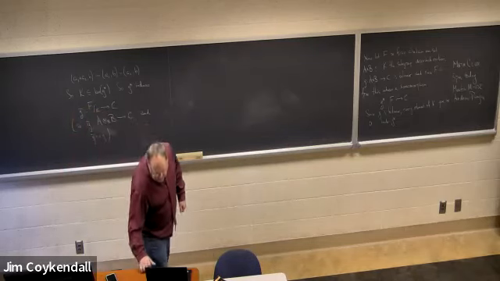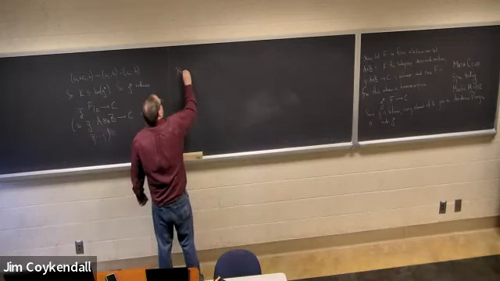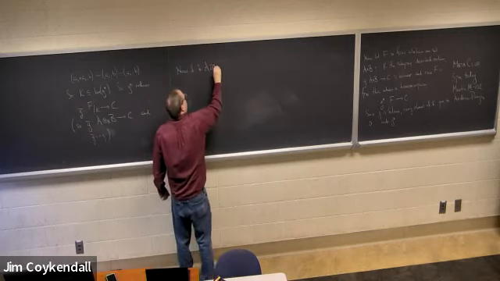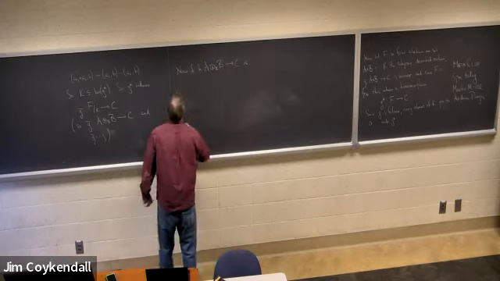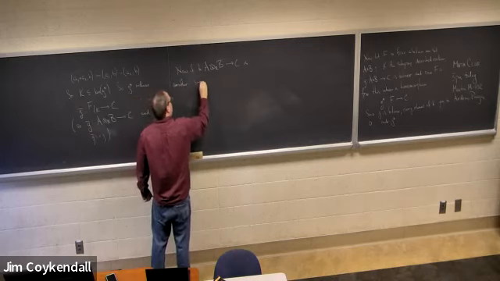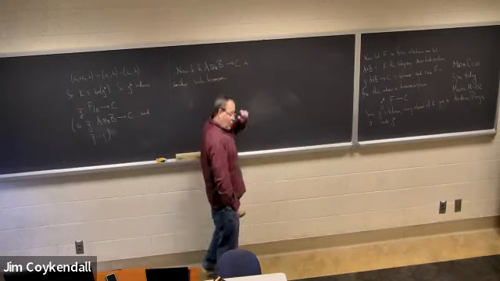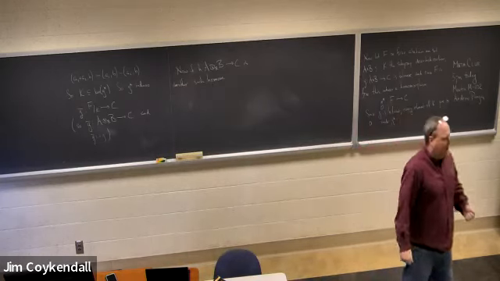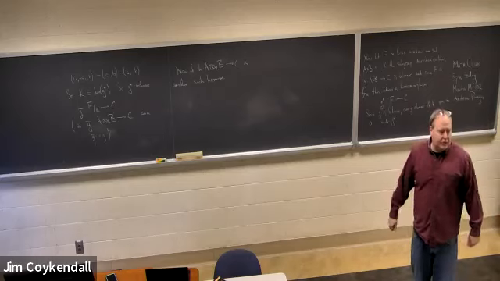Now, I did say uniqueness, so if H from A tensor B to C is another such homomorphism, of course, I want to show that this H is the same thing that you get. This coincides with G bar.